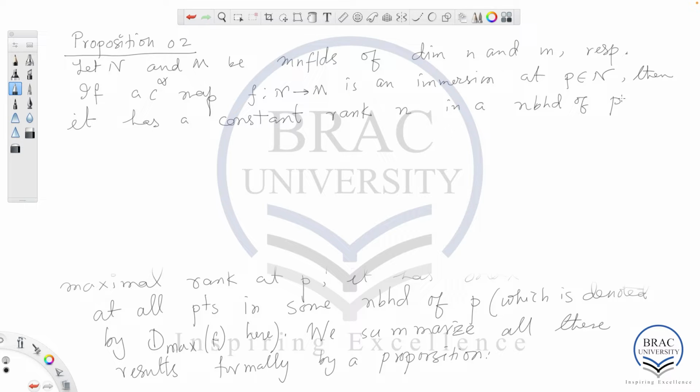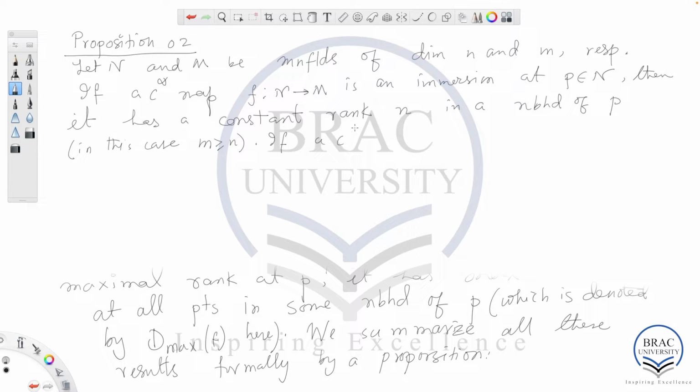We have seen that if it is an immersion, then it has maximal rank, and since it has a maximal rank which is equal to n in this case at a given point P, then it has to be of maximal rank in a neighborhood of that point P. So it has a constant rank n in a neighborhood of P, and in this case m is greater than or equal to n.